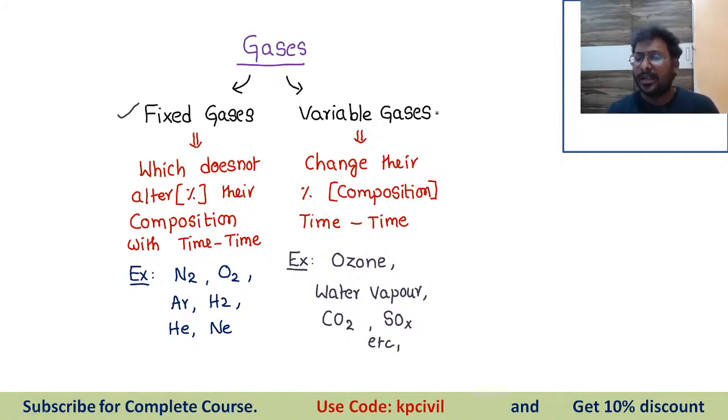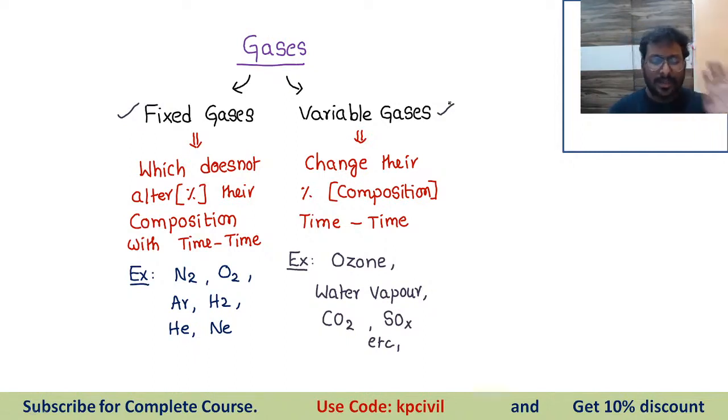But change in composition of these variable gases, mixed with other impurities in the atmosphere and environment, results in new molecules generated, causing many adverse effects on human life, plant life and animal life. Clear?